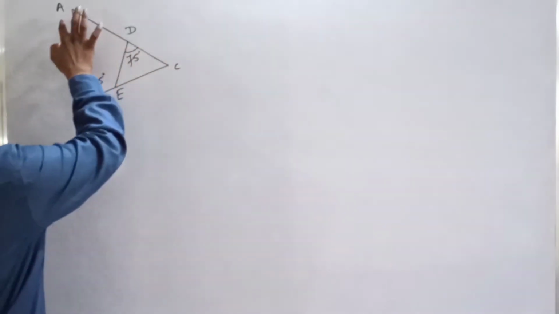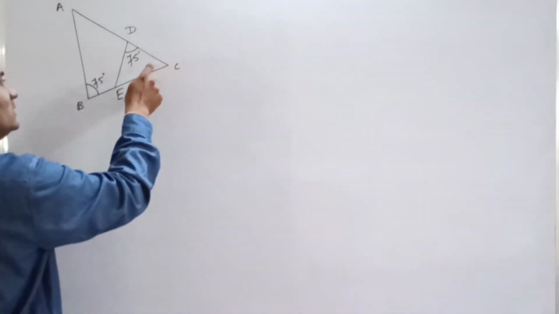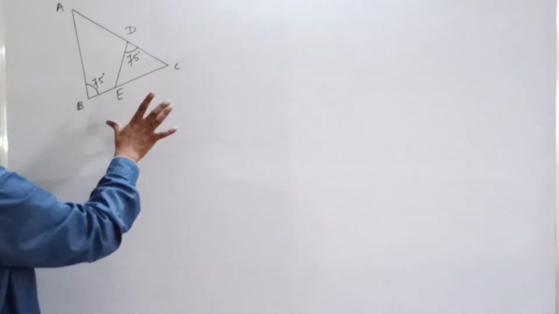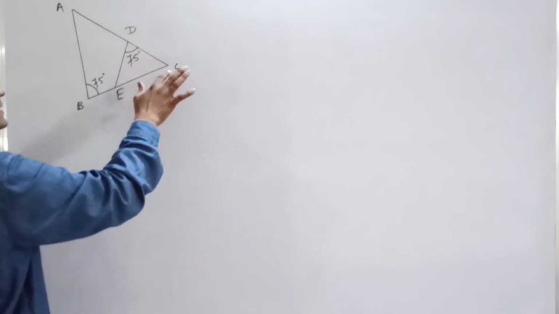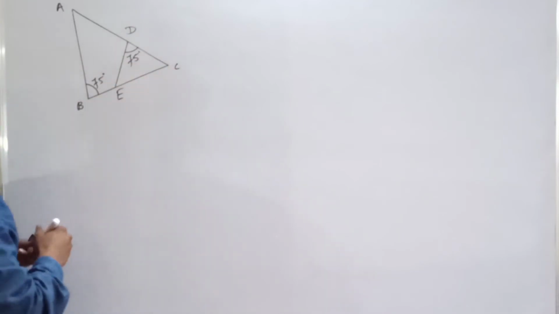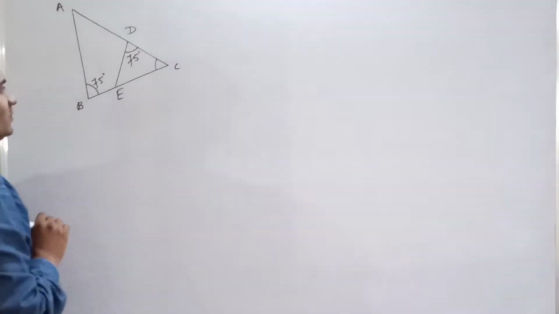Suppose we consider triangle ABC, now this is the angle of triangle ABC, and if we consider triangle EDC, then again that is the angle of triangle EDC.